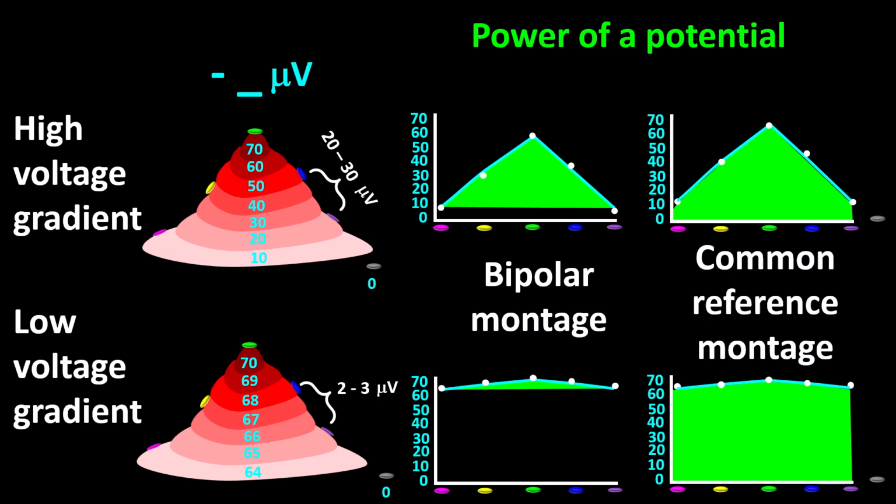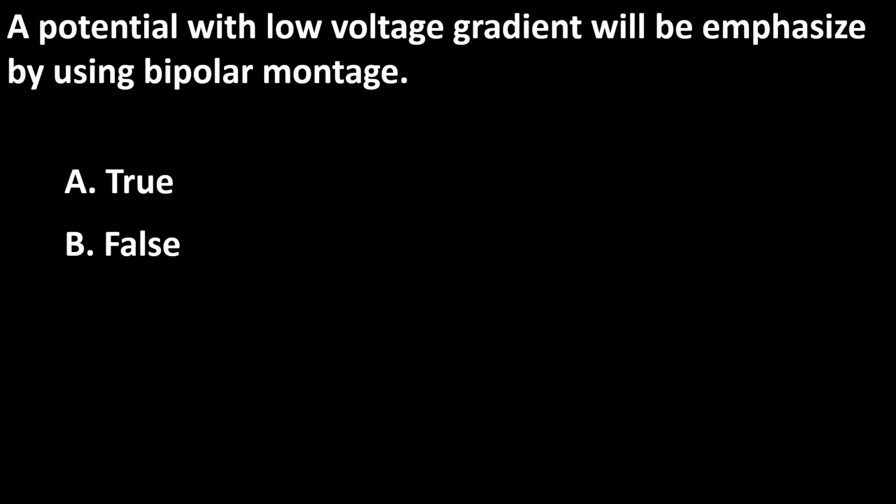Thus, if you consider the green area as representing the power of the potential, the one with the large voltage gradient and the one with the small voltage gradient, while looking very similar when represented in the common electrode reference montage diagram, will look very different when represented in the bipolar montage. So the answer to this question is false.